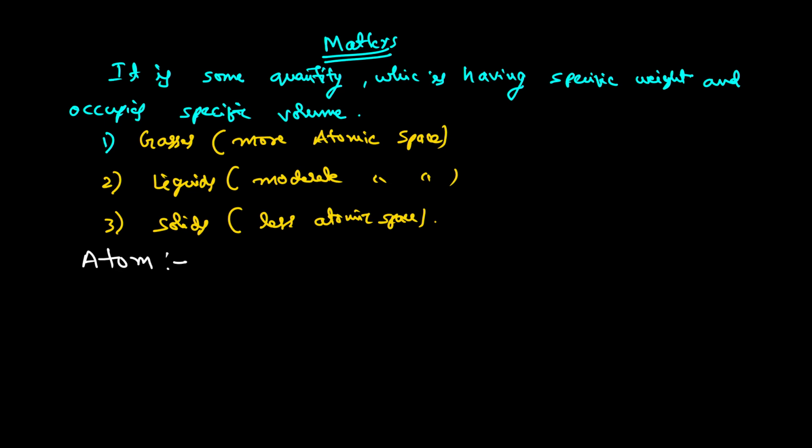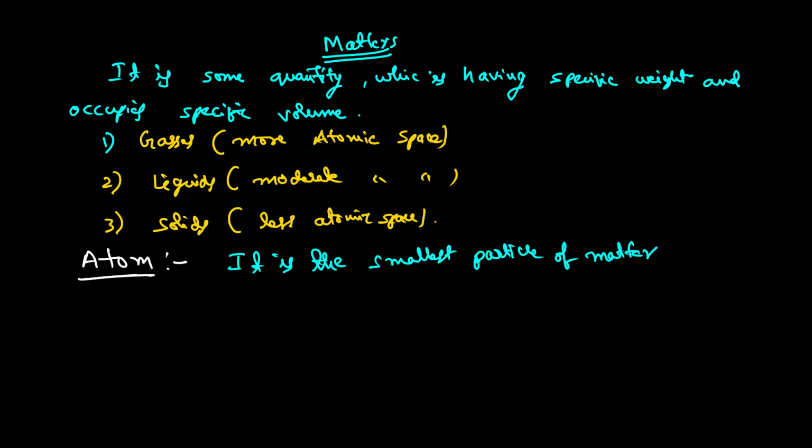Now from this I am writing the definition of atom, because semiconductor physics starts from the atom. So atom is the smallest particle of matter which consists of a nucleus. Example, silicon. Silicon is one atom. Its atomic number is 14.